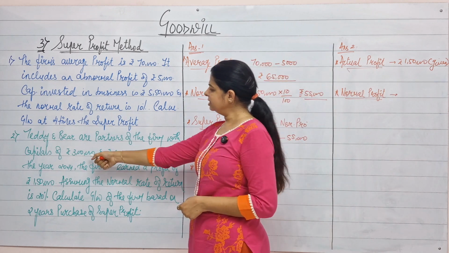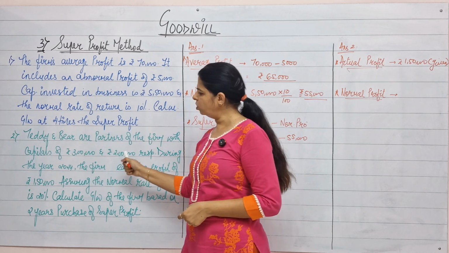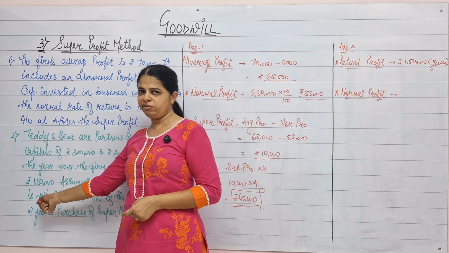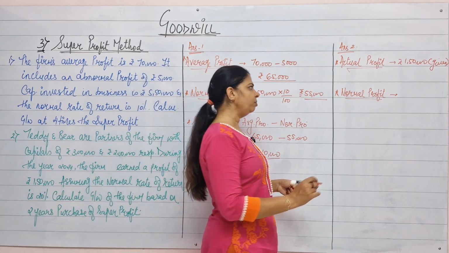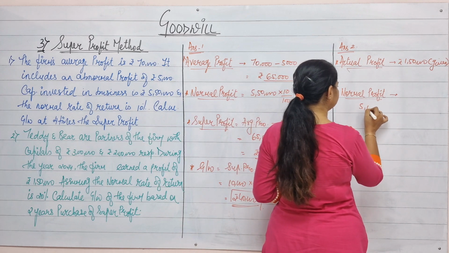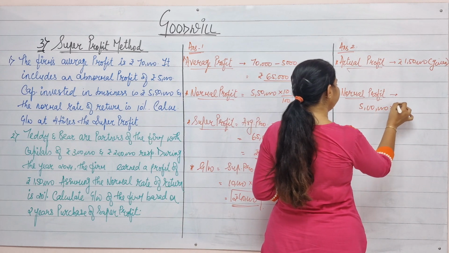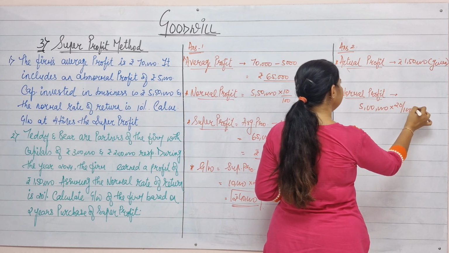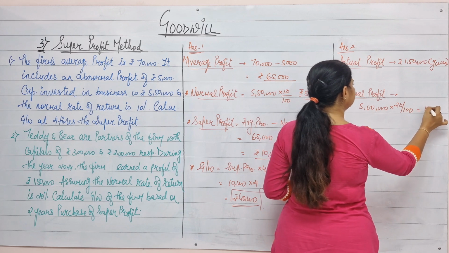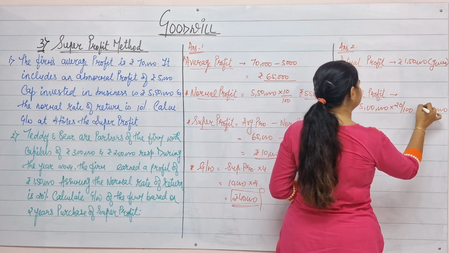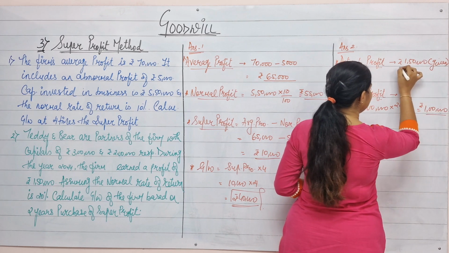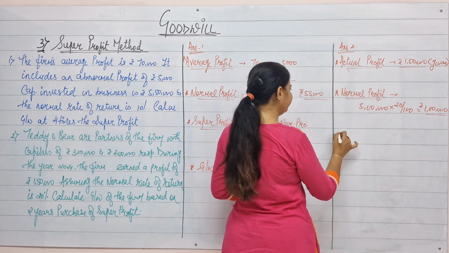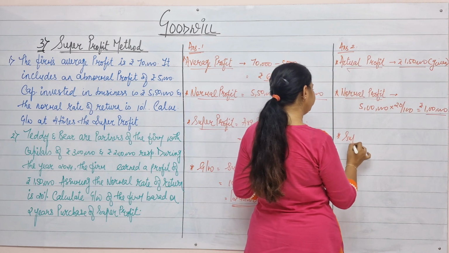By investing 3 plus 2, 5 lakh, normally you will earn a return of 20%. So your normal profit will be 5 lakhs into 20%, it will be rupees 1 lakh. Now we will have super profit.